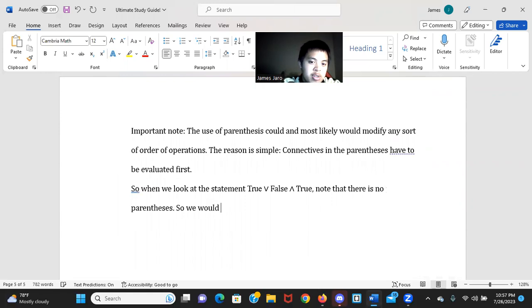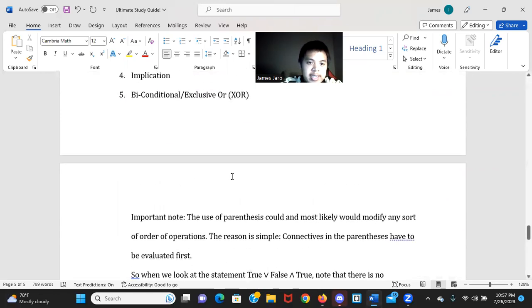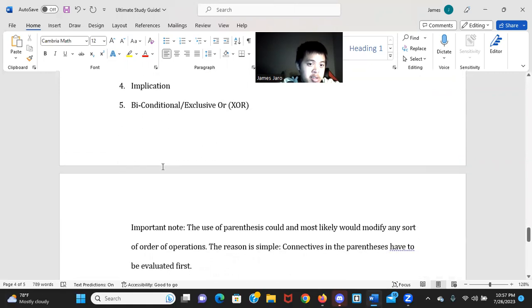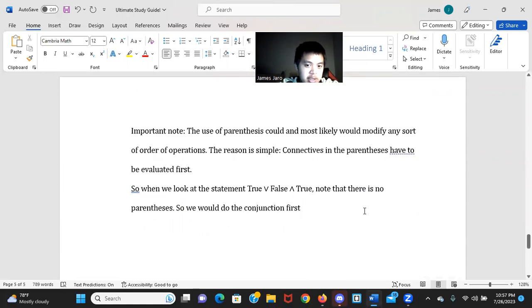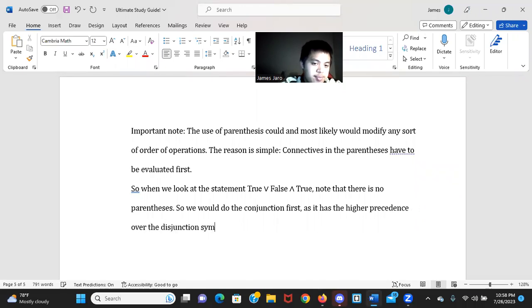So we would do the conjunction first, as it has the higher priority over the other symbol that's present, which is the disjunction. The conjunction has the higher precedence over the disjunction symbol.